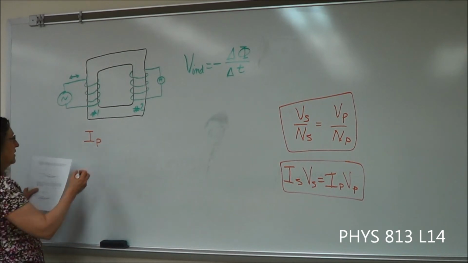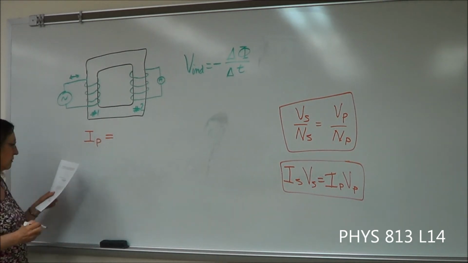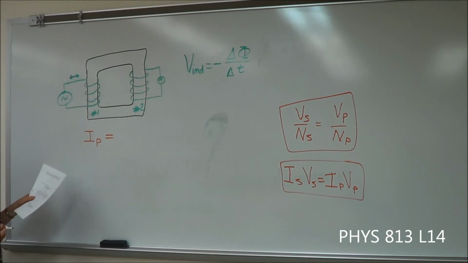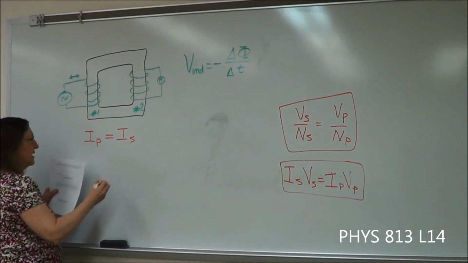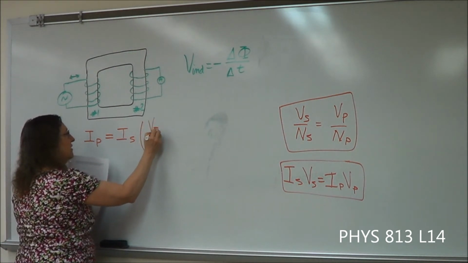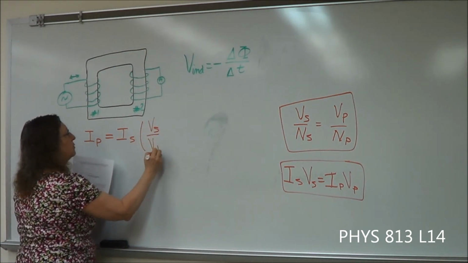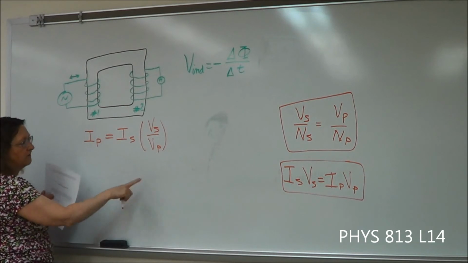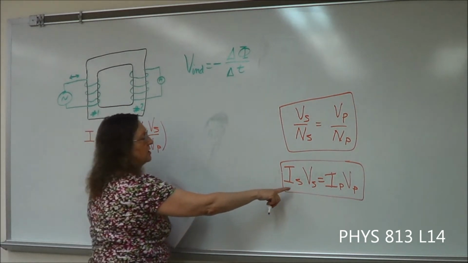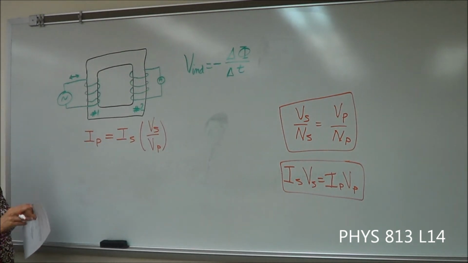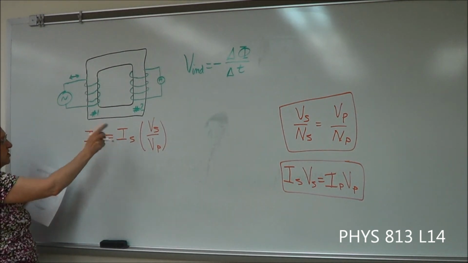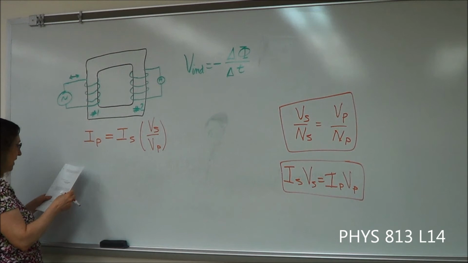I decided to solve for IP and say that that is IS times VS over VP. I've just used this bottom equation and solved for IP. There are probably several ways you can do this, but I decided to do it this way.